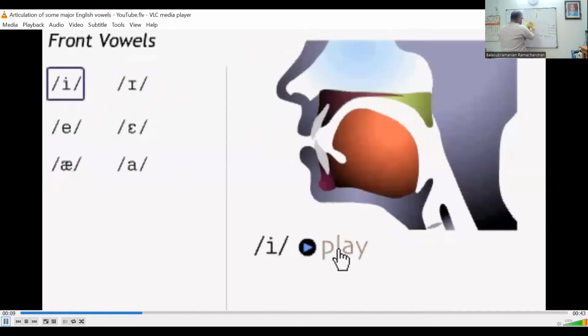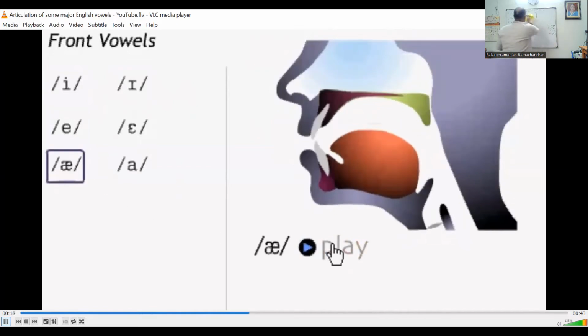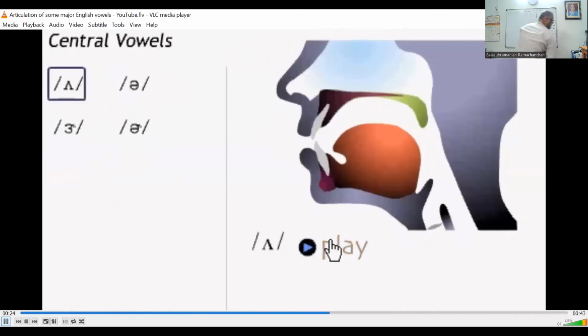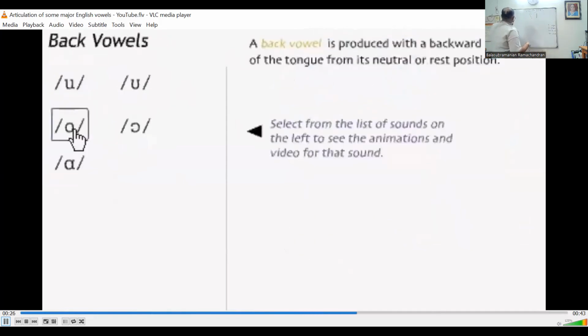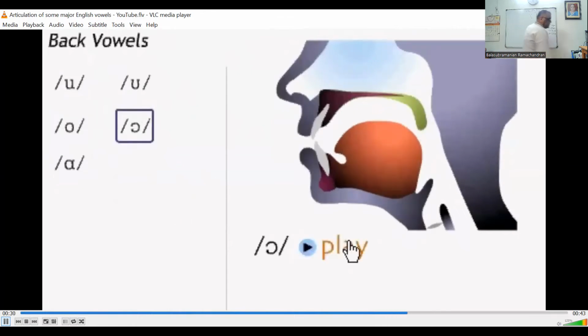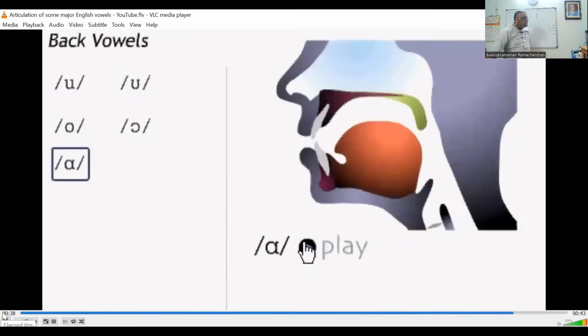Just observe. Relax and observe so that you're clear about what you're looking at. Now you have come to that part where we are. These are the back vowels.